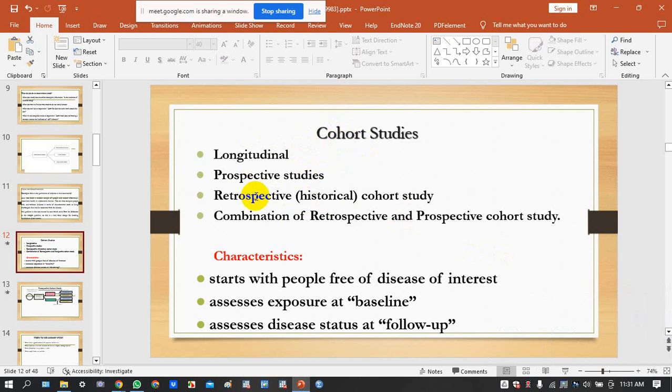Retrospective study means that you are going back. So let's say today is 18th of March 2023.